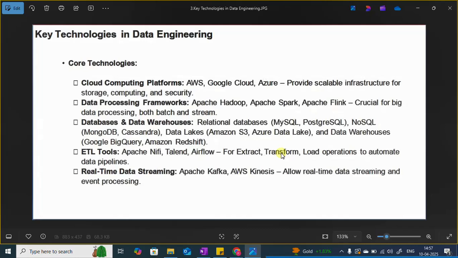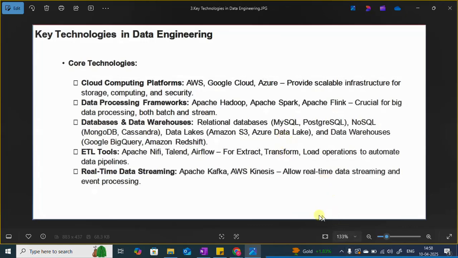Now coming to ETL tools, Apache NiFi, Talend, and Airflow for extract, transform, load operations to automate data pipelines. Then there is real-time data streaming, with Apache Kafka and AWS Kinesis, which allow real-time data streaming and event processing. So these are the different core technologies we use as part of data engineering.